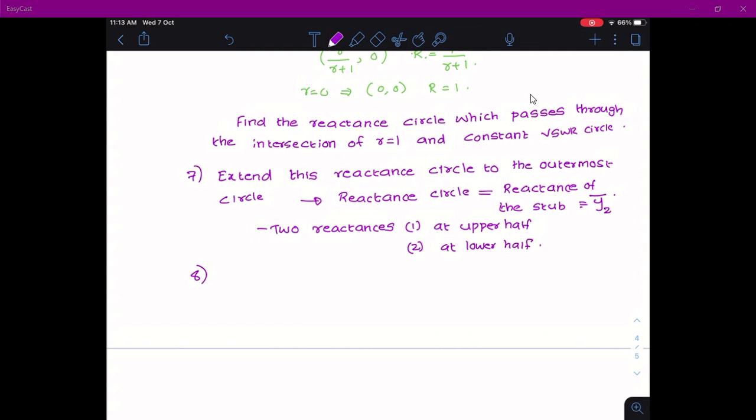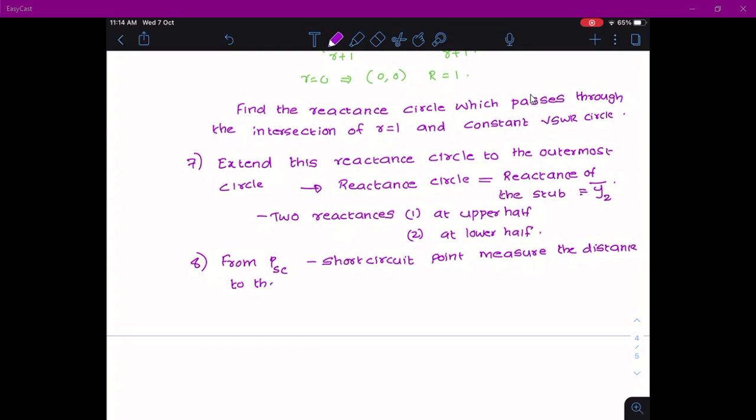Next, from PSC, the short circuit point, measure the distance to the reactance circle in terms of wavelength lambda.